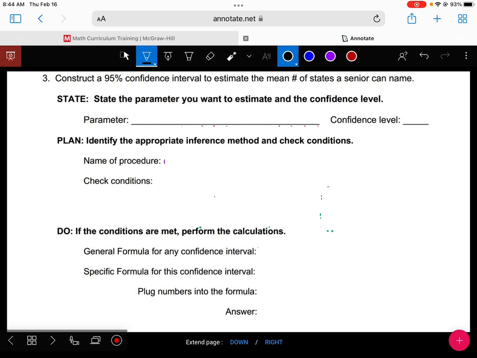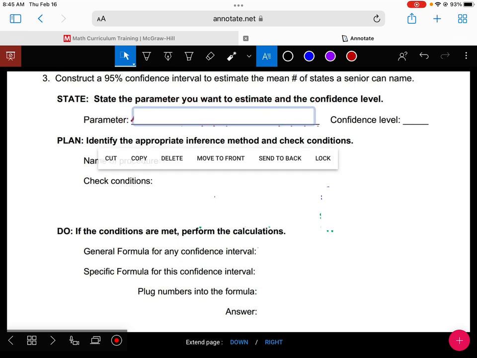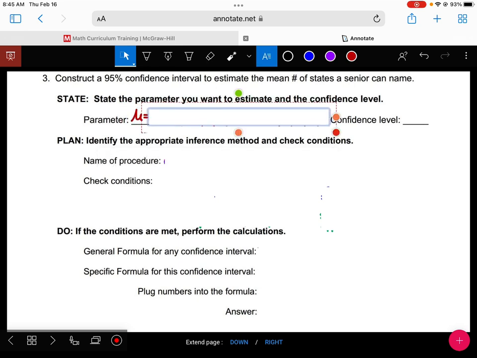Are we working with categorical or quantitative data? Quantitative data. So we said quantitative data, we're going to be using means, right? So what is the parameter for a mean? Mu. Mu is the parameter for a mean. And then we need to define what that means in this situation.